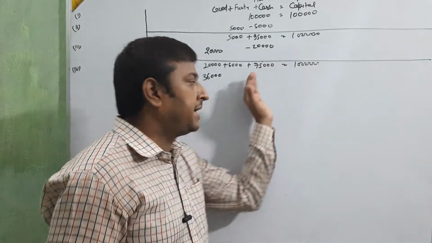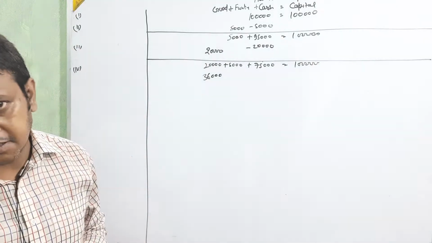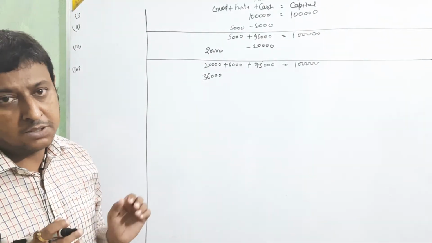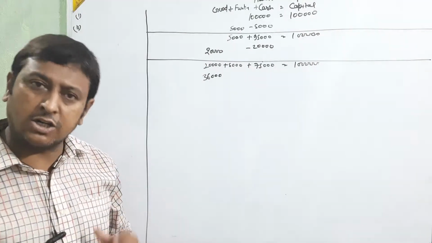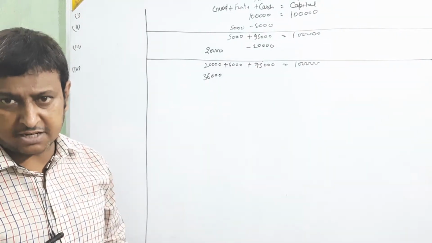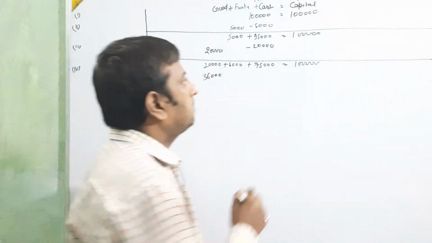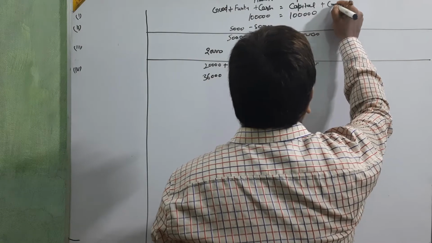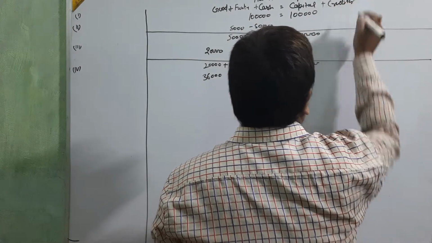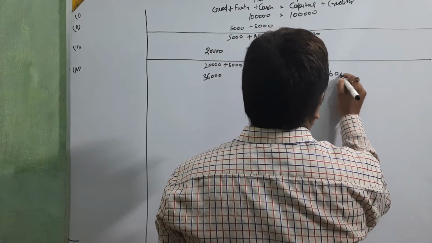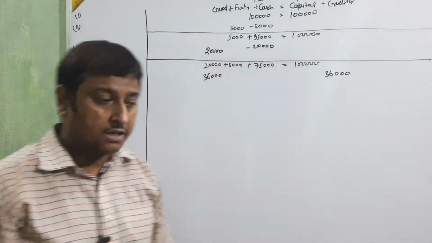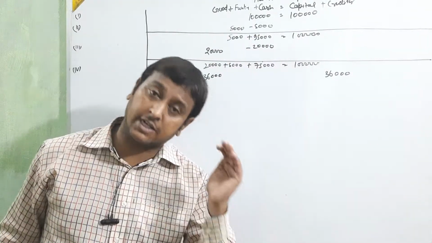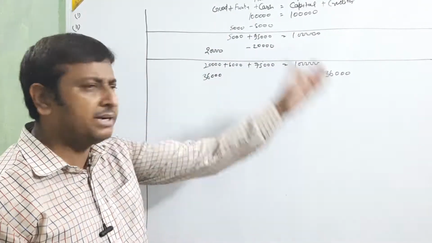But you are not paying with cash, so your cash is not less. You are taking this transaction on credit, which means a creditor will be made, and the creditor amount is 36,000. Okay, beta, clear? When you purchase on credit, a creditor comes on the liability side.